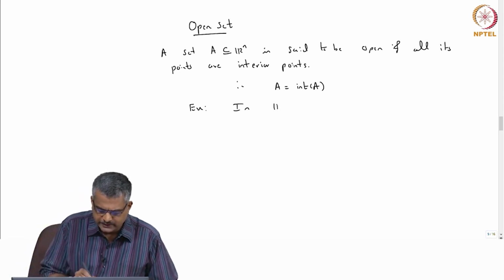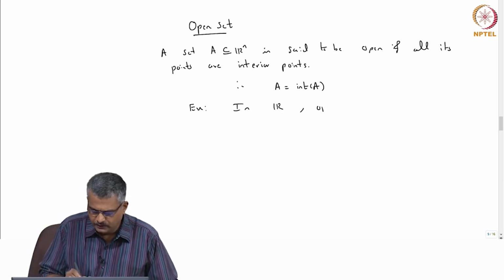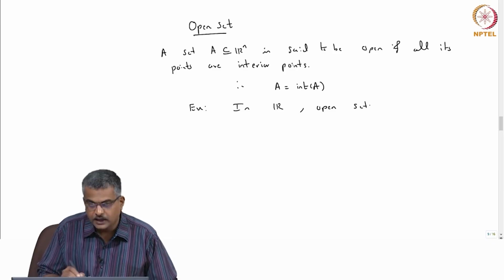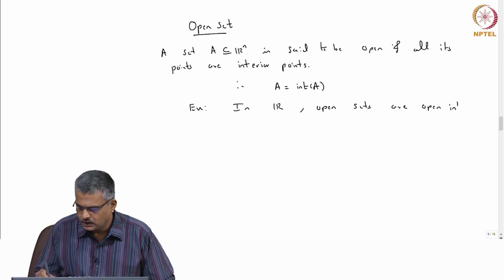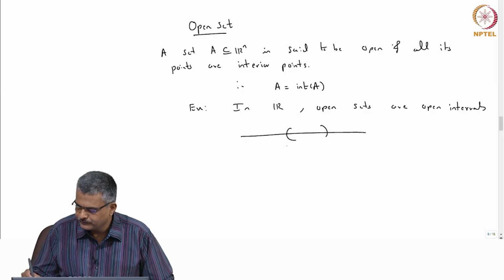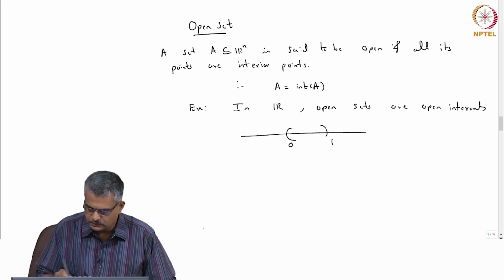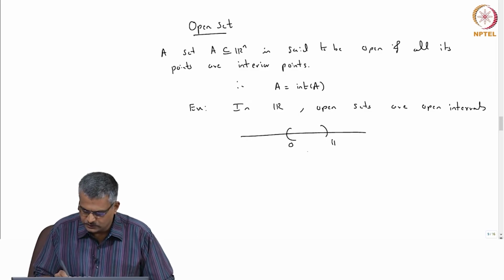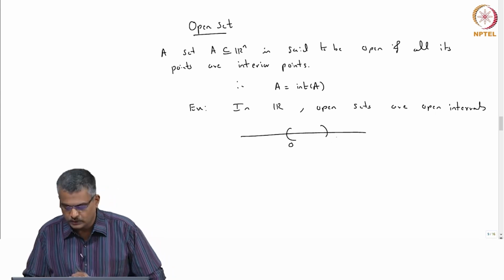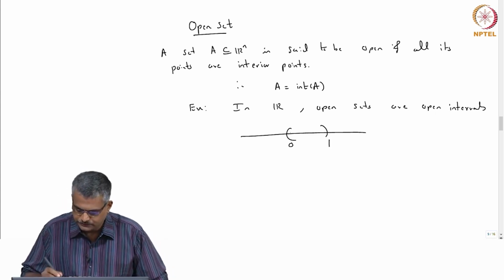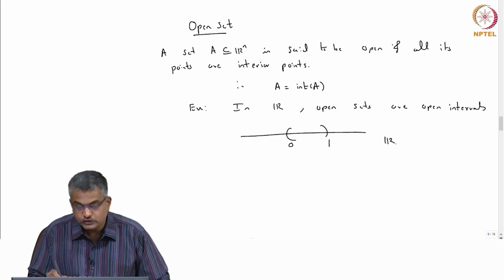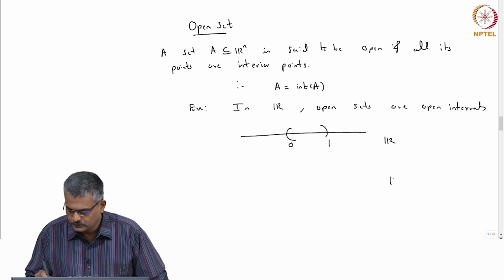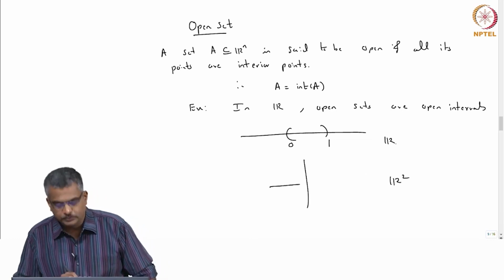So, examples in the real line R, open sets are open intervals. We saw that earlier. For example, take this open interval (0, 1). This is called an open interval because it excludes points 0 and 1. So, in R this is an example of an open set.